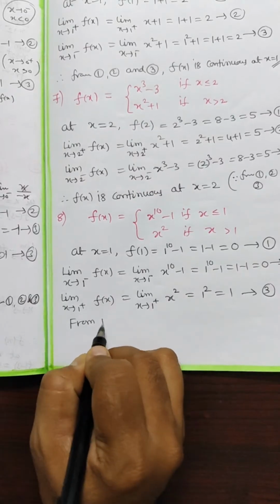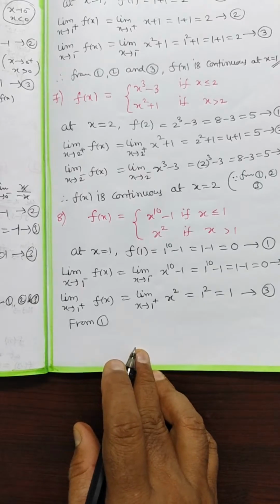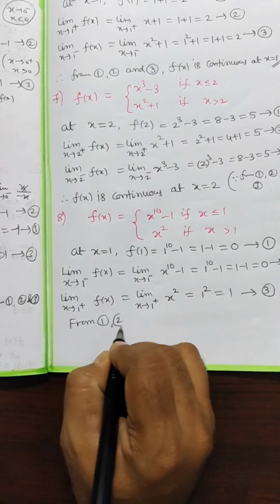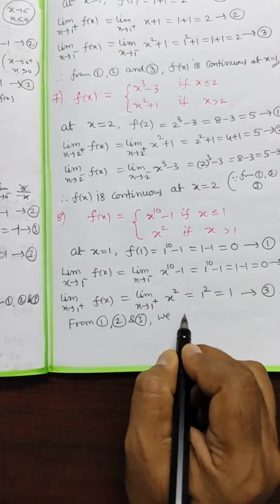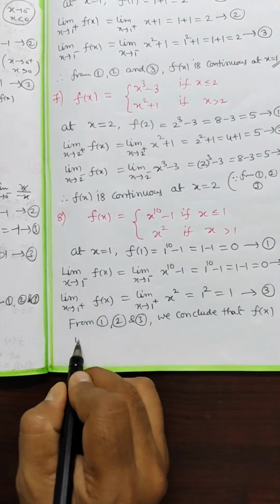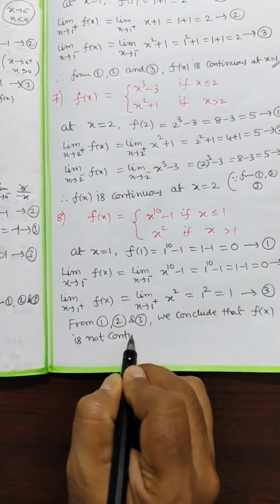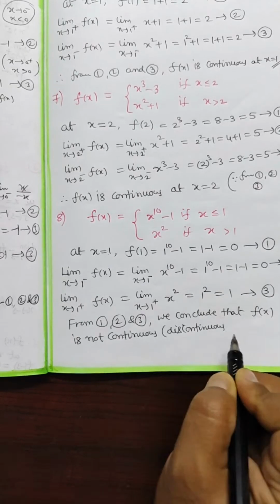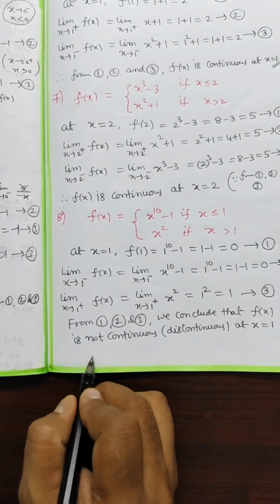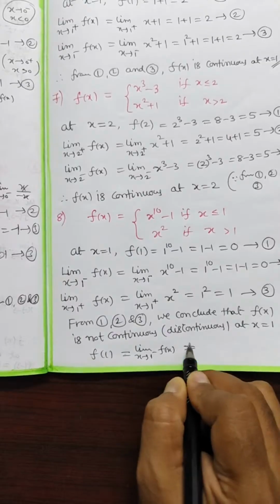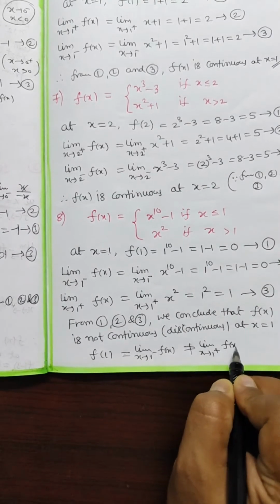From 1, 2 and 3, we conclude that f of x is not continuous, discontinuous, at x is equal to 1, since f of 1 is equal to limit x tends to 1 minus f of x, but should not be equal to limit x tends to 1 plus f of x.